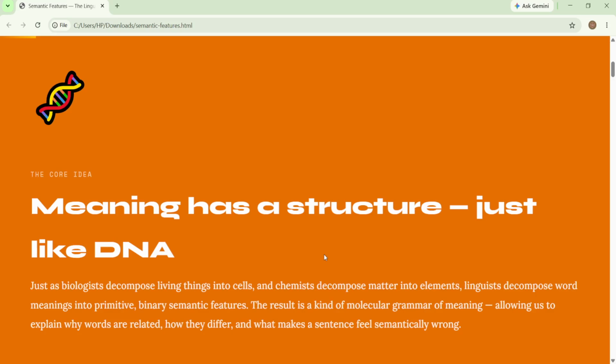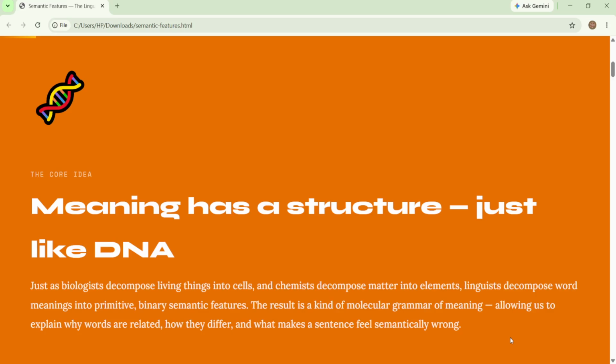The result is a kind of molecular grammar of meaning, allowing us to explain why words are related, how they differ, and what makes a sentence feel semantically wrong.